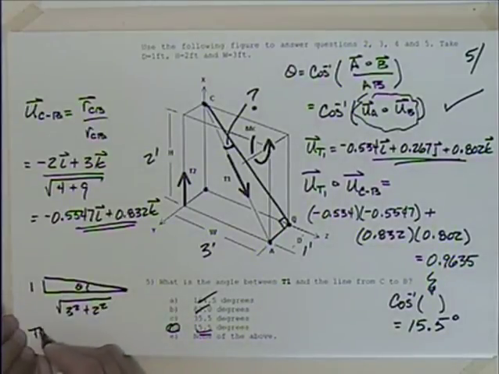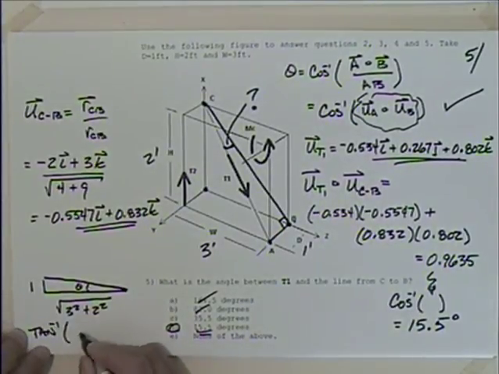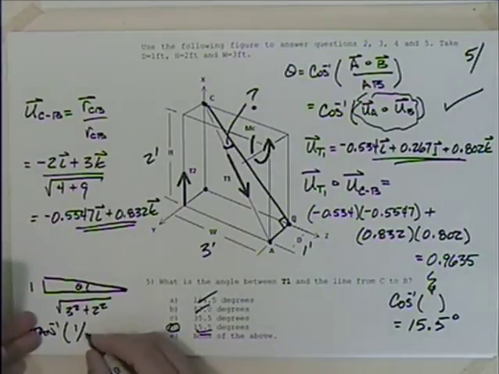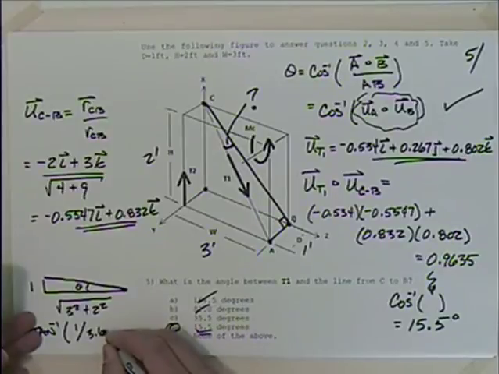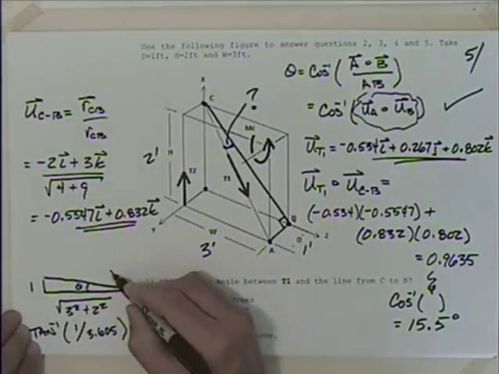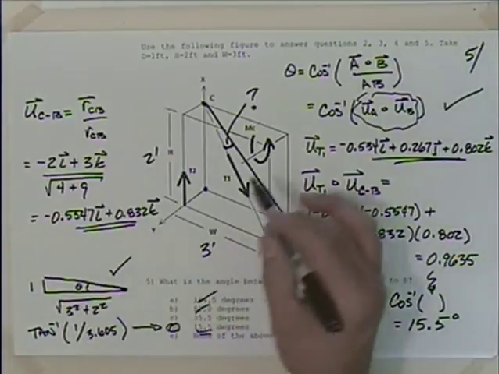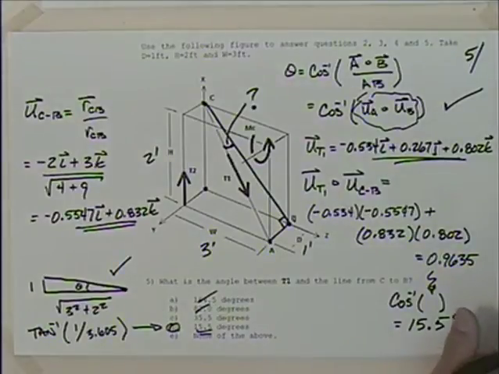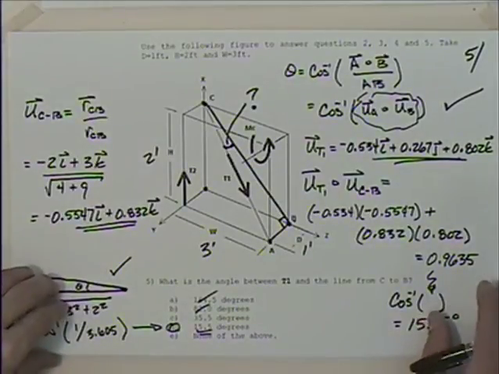So I could look at the arc tangent of 1 divided by, what do I have? 3.605. That gives 15.5. Yeah, you get the same answer. So that would certainly be a lot faster, although I wouldn't bank on that if someone gives you an ugly problem. This may be a lot easier. So hopefully some good insight in that.